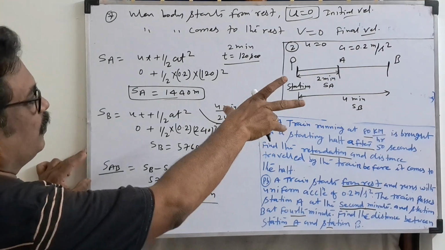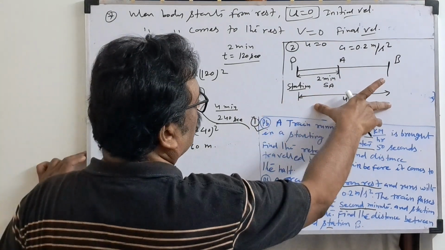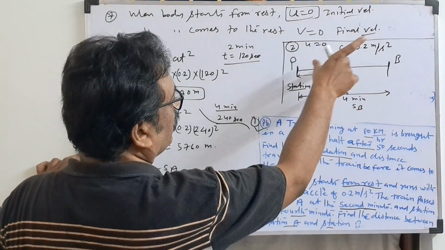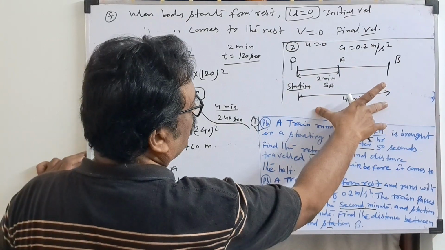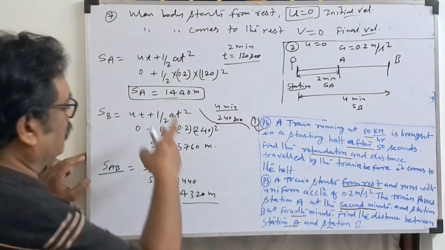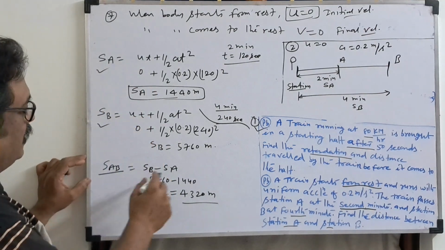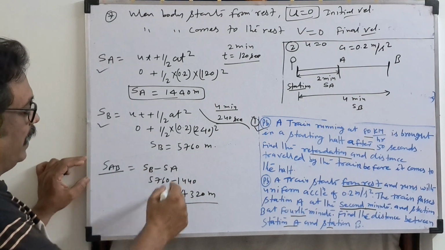So the total distance from P to B is 5760 meter. If we know the PA distance and the PB distance, then PB distance minus PA distance equals the AB distance. So SA you calculate, SB you calculate, then the distance between AB is SB minus SA.